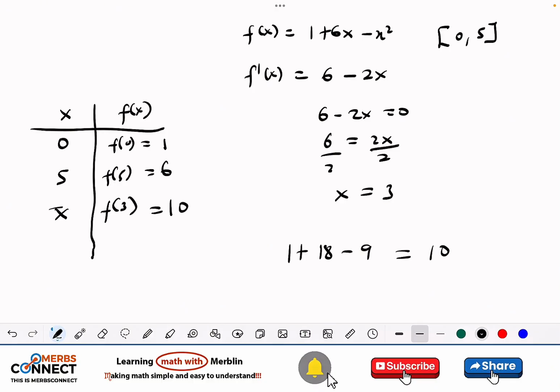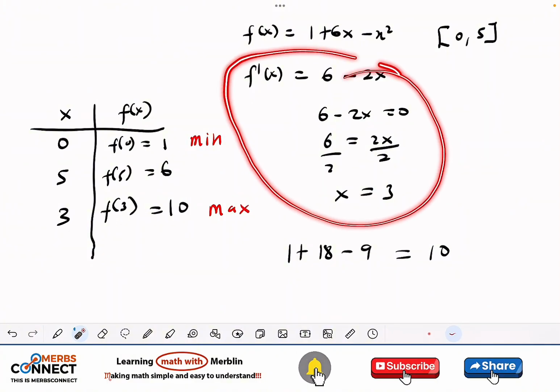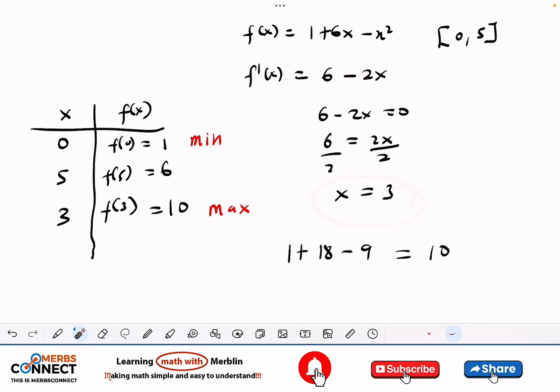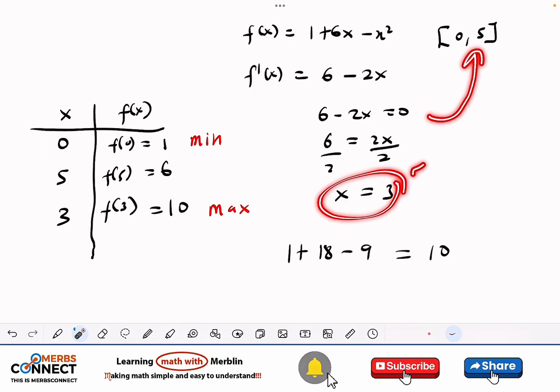So you see that something has changed. Now the max is going to be here and the minimum is going to be here. So if you didn't find a critical point, then you are going to lose marks. You are going to lose marks for finding the derivative, finding the critical point, and checking if it is inside this domain, right? So this is what you are going to do.